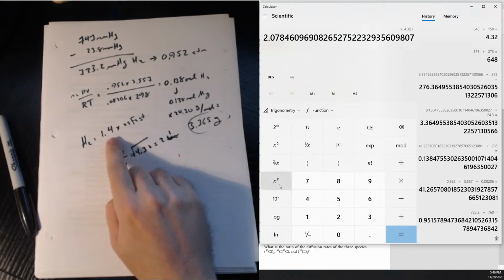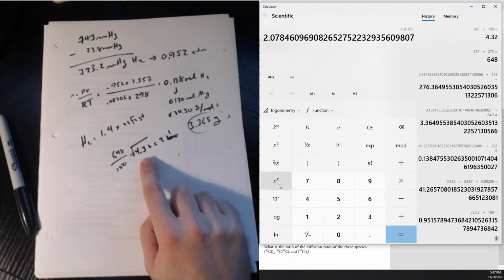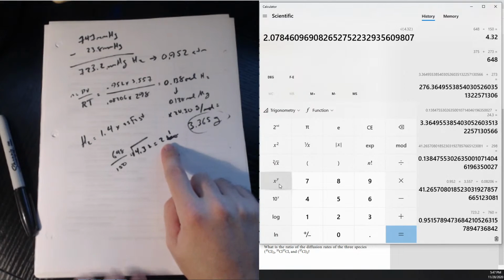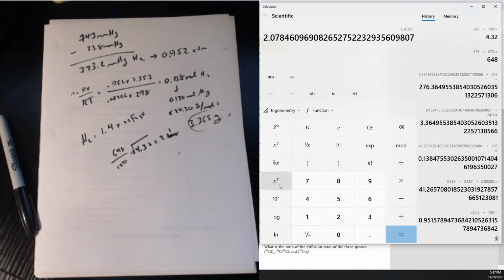The 1.4 here comes because helium weighs twice as much as hydrogen. Therefore, hydrogen is the square root of 2, or 1.4, times as fast as helium. The helium, though, is at 4.32 times the temperature of the hydrogen, so that gives it a 2.1-ish times advantage. The 2.1 is greater than the 1.4. Helium moves faster.